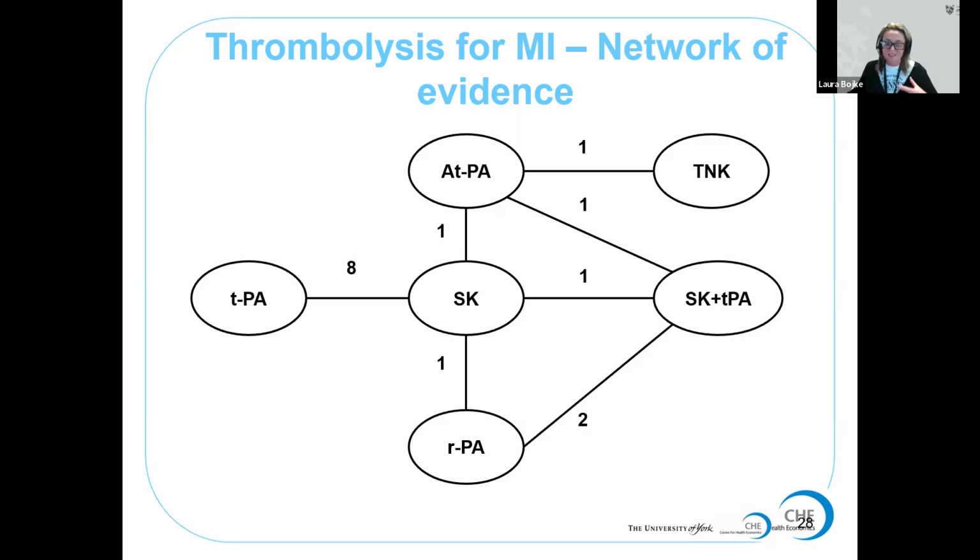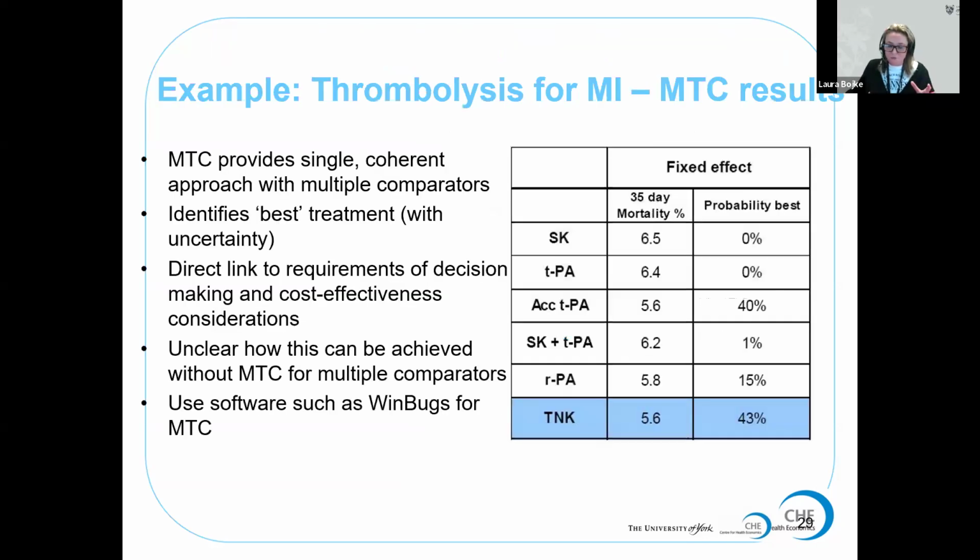But it's much more complicated, building on that approach of a common comparator. Unfortunately, these network meta-analyses cannot be done in more standard statistical software. They tend to be done using software such as WinBUGS, which is freely downloadable, but it is a bit clunky. But there are lots of example files within there for anyone that's interested in conducting these types of analyses.